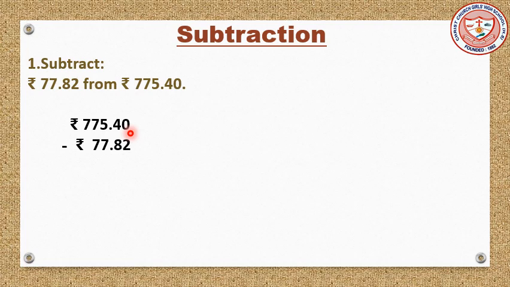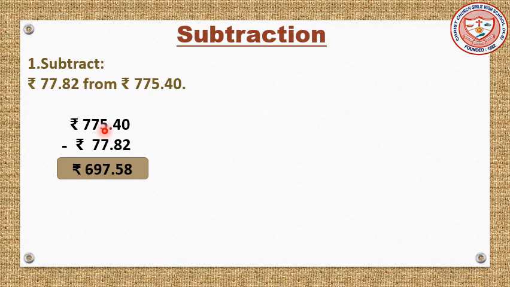Now 1 rupee 40 paise, that is 140 paise minus 82 paise gives us 58 paise, and rupees 775 is reduced to 774.